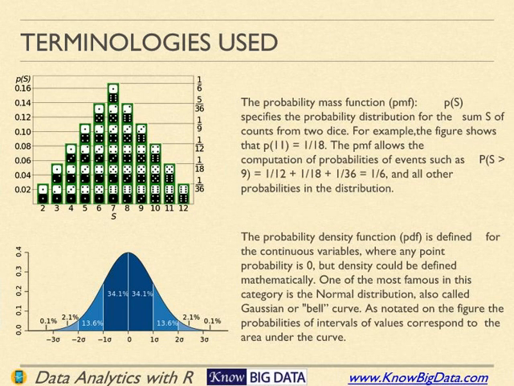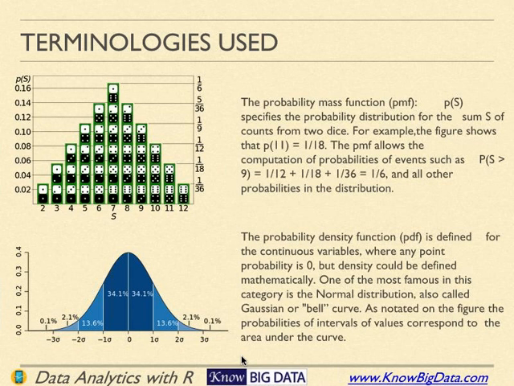Now, one of the most popular probability distributions is the normal, or it's called Gaussian or the bell curve. It was observed by lots of people that most of the behavior in nature is normal distribution.